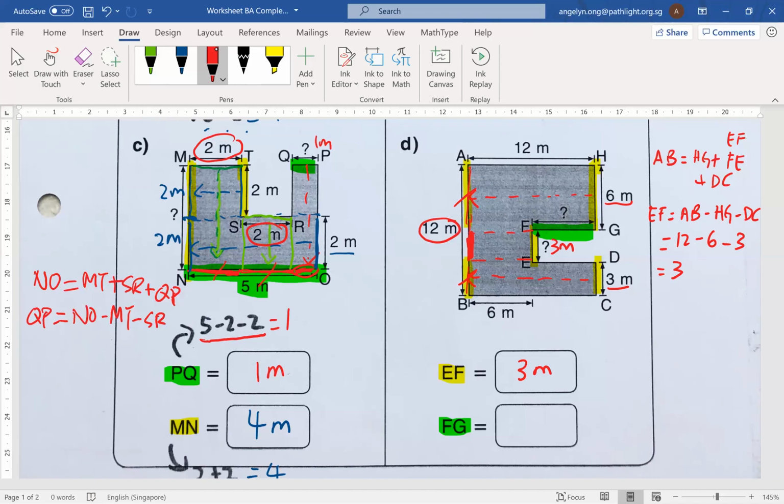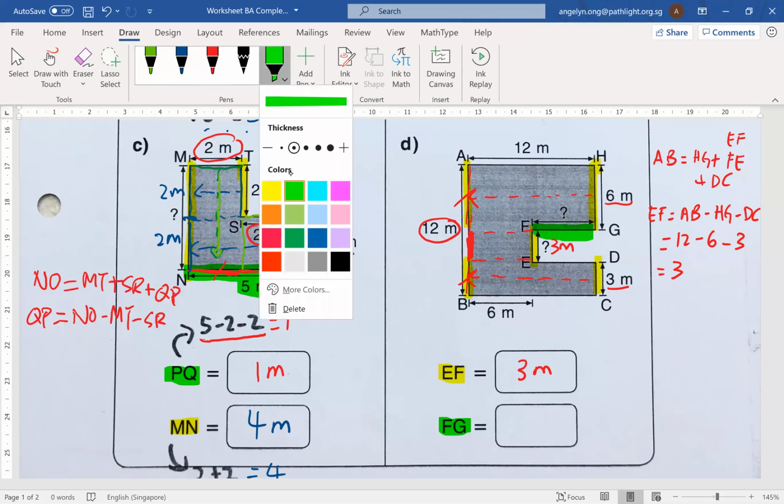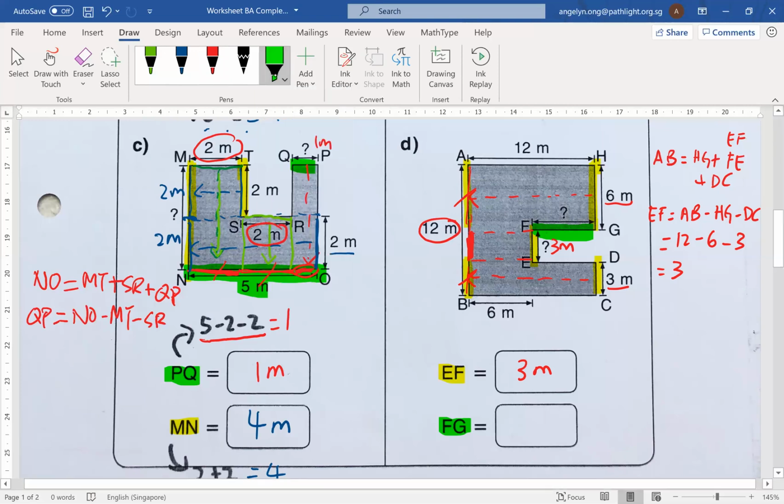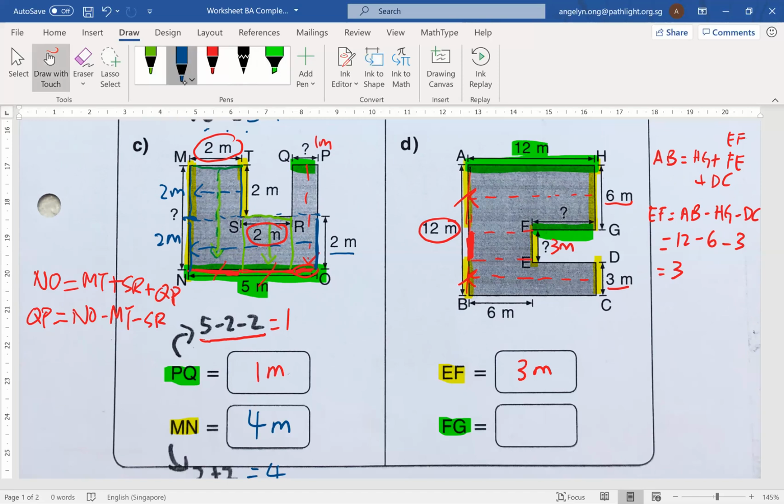Okay, now to find FG. How do I find FG? Okay, let me see where I can fit FG onto the figure. I need to work with things that I know. So one other length that I know is here, AH is 12 meters. So I want to see how I can fit FG in. And I actually can.